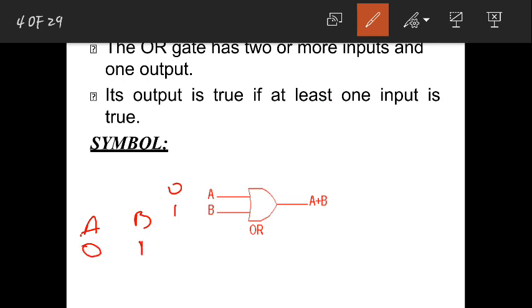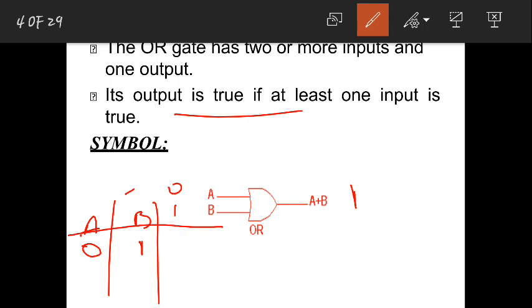These are the inputs I have given to this OR gate. According to this condition, at least one input should be high, or 1. B is having 1, so the output will always be equal to 1.